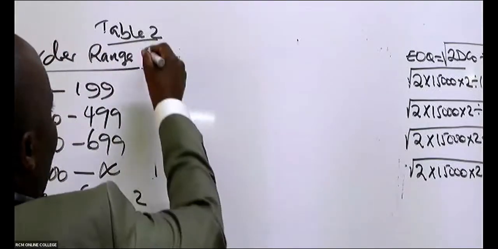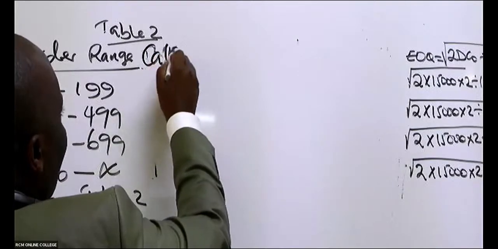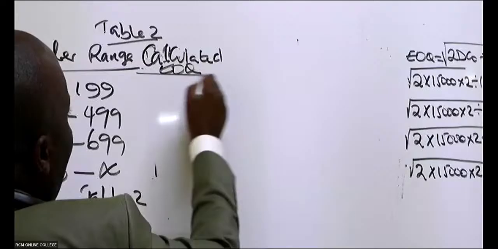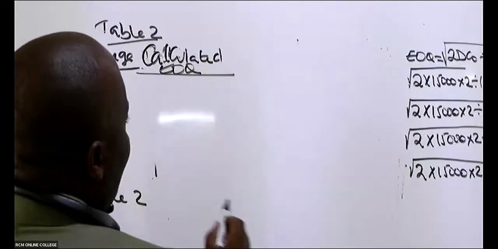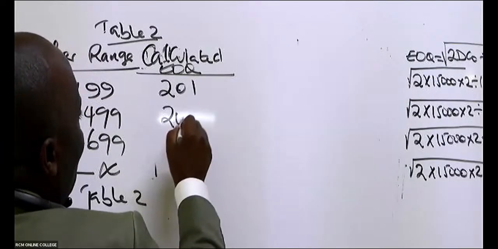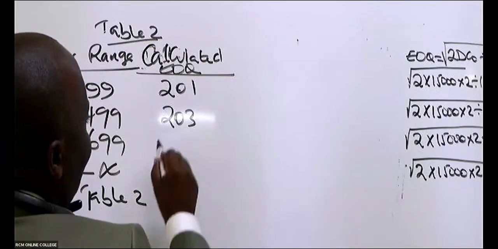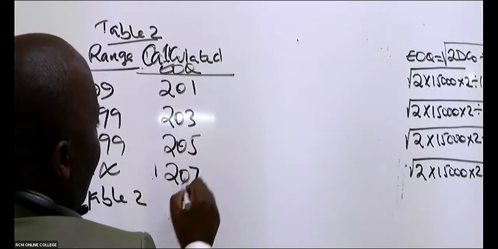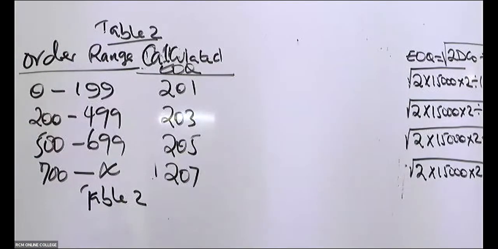So we have here the calculated EOQ. The first one we got here was 201. We have 203. We have 205. We have 207, like that.